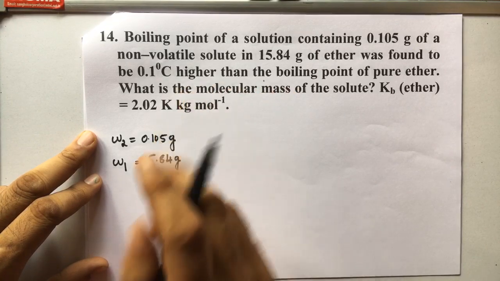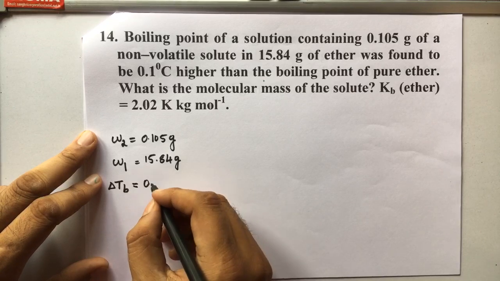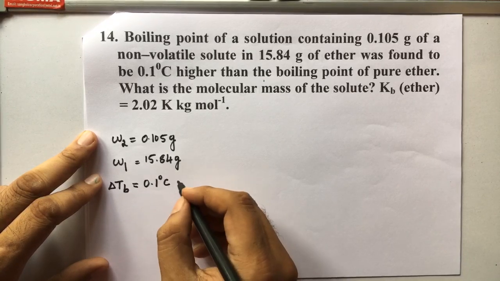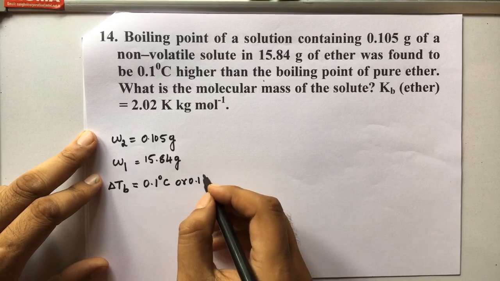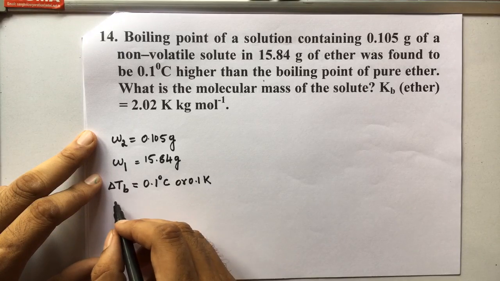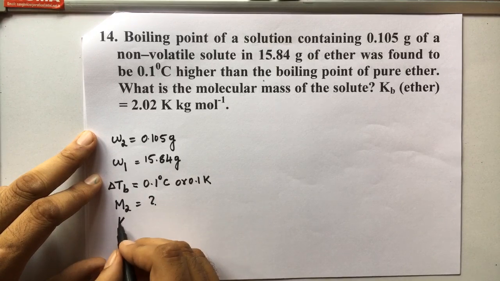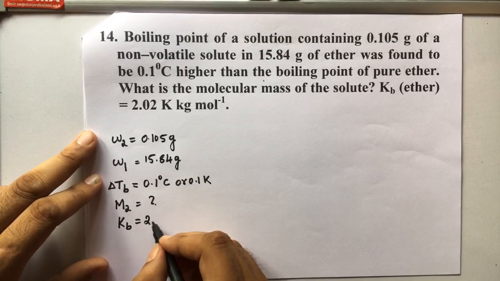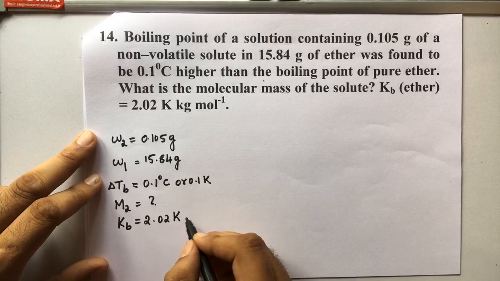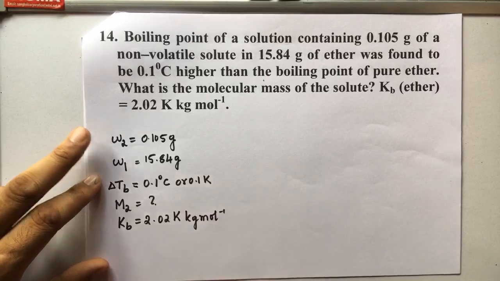Then they are telling that delta TB, higher by, means delta TB is given as 0.1 degree Celsius, difference remains same, or 0.1 Kelvin, they are one and the same. What is the molecular mass of the solute? M2 is a question mark. Kb for ether is given, Kb is equal to 2.02 Kelvin kg per mole.